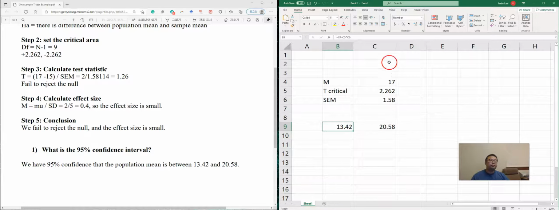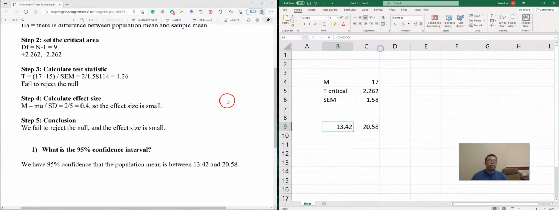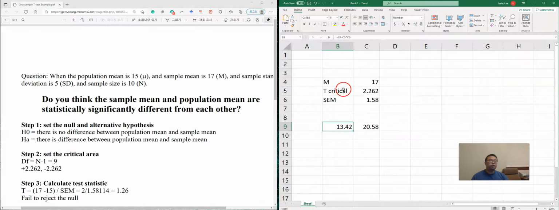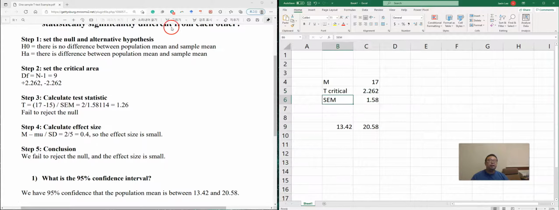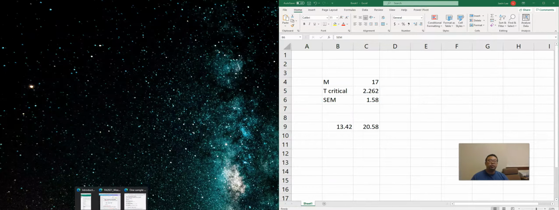So you might be very confused about this equation, so let me show you again. You can see that the sample mean is 17 here, right? T critical is what we found here, 2.262, so it's the same here. And the sampling error, let me show you the equation again.